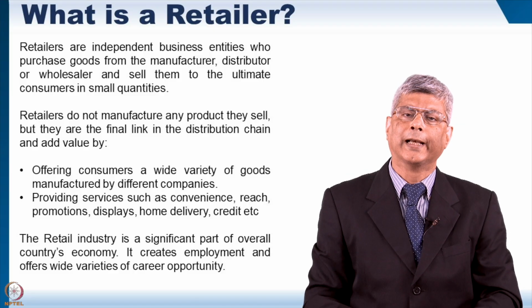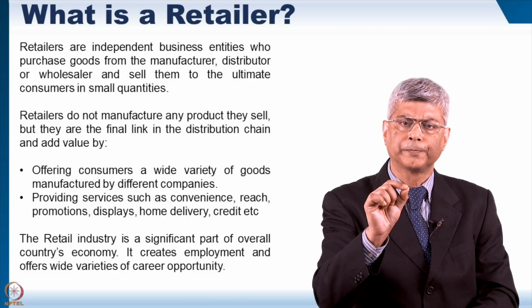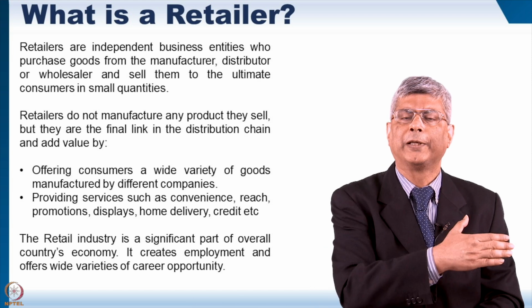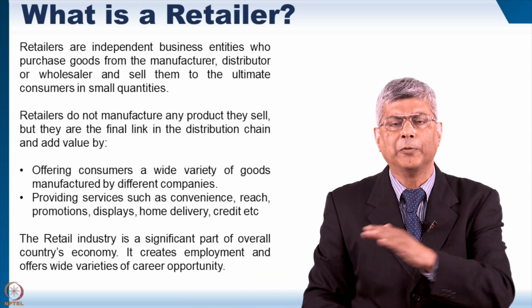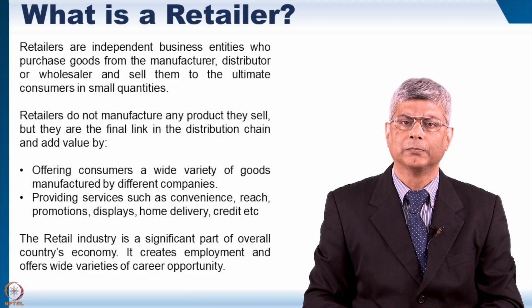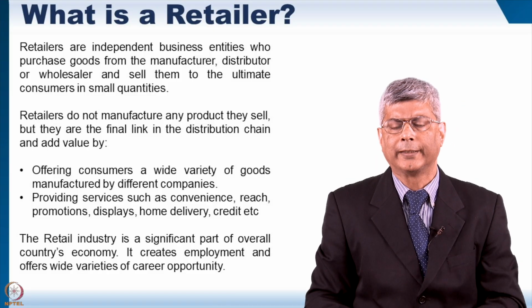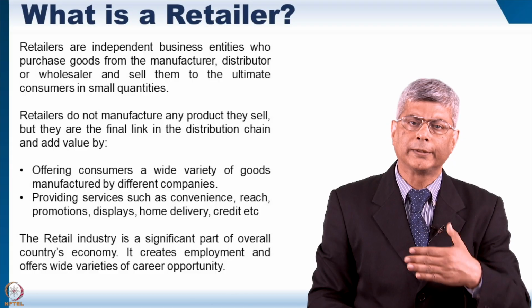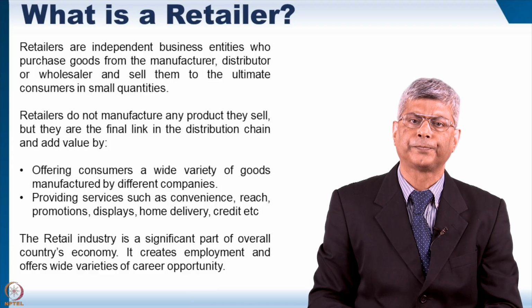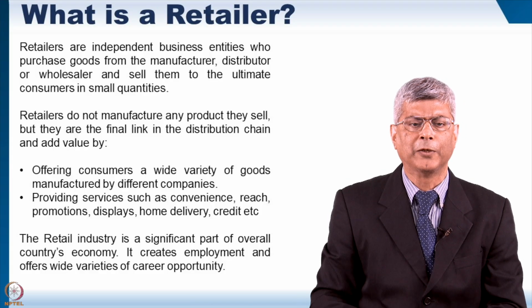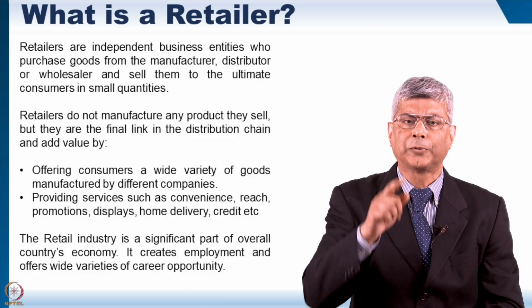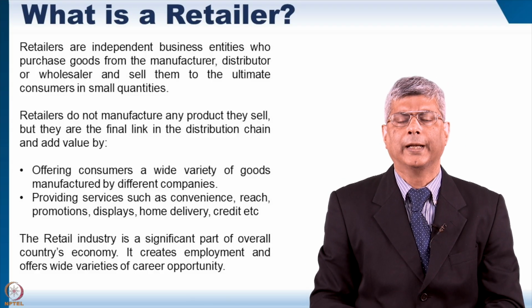So retailers sell you in small lots, 1 piece, 2 pieces, but they will give you a choice of many kinds of products. 10 shampoos, 20 detergents, 50 biscuits. If it's electronics, 10 kinds of phone from 10 different manufacturers. And that's what you and I want as a consumer.